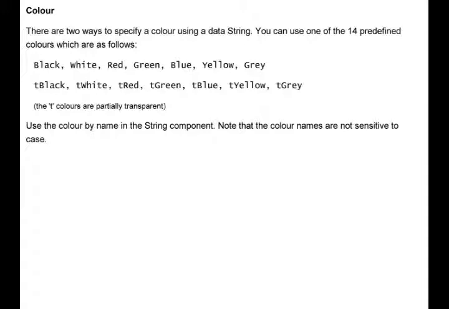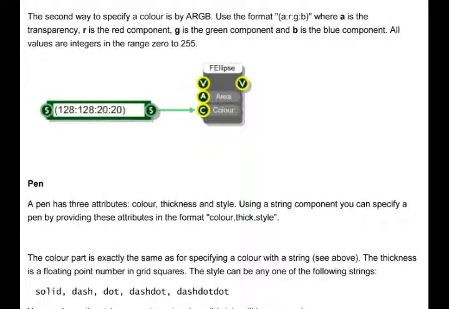Note that the color names are not sensitive to case. The second way to specify a color is by RGB. Use the format A, R, G, B. A is the transparency, R is the red component, G is the green component and B is the blue component. All values are integers in the range 0 to 255.